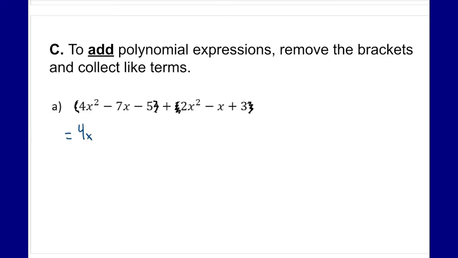So 4x squared minus 7x minus 5 plus 2x squared minus x plus 3. All I did was rewrite the entire expression without brackets. But this only really applies when we're adding polynomials. When we're subtracting, which we'll look at later, there's a different step that you have to do.